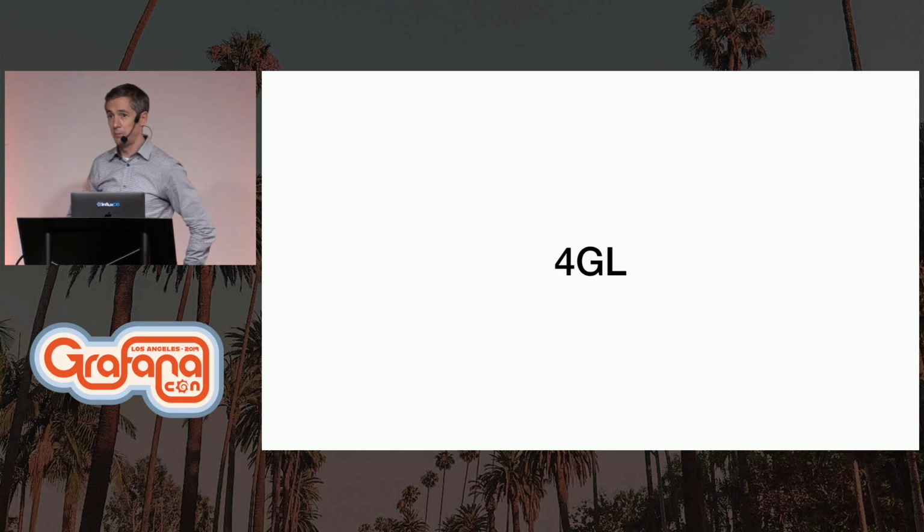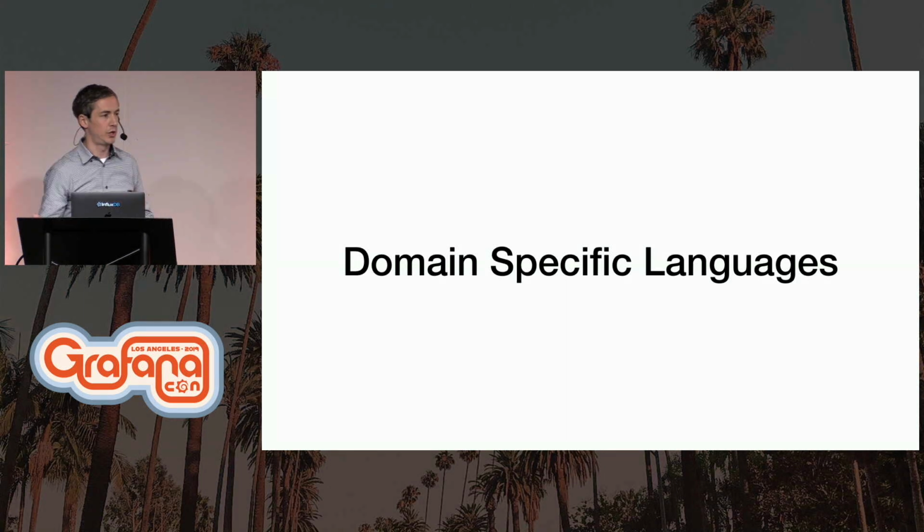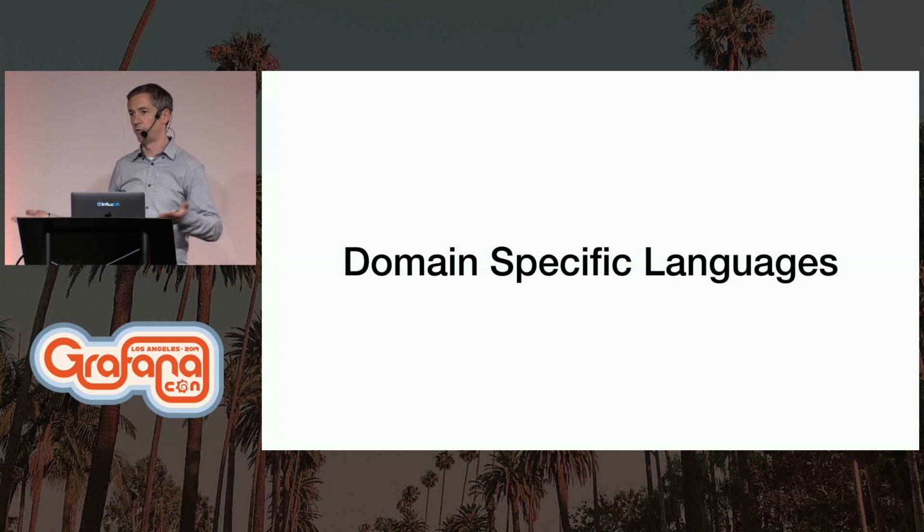That sounds like exactly what we're trying to do with Flux. We're trying to come up with a language that makes it easier to work with time series data, with large collections of data.